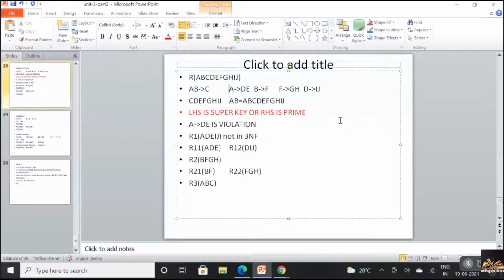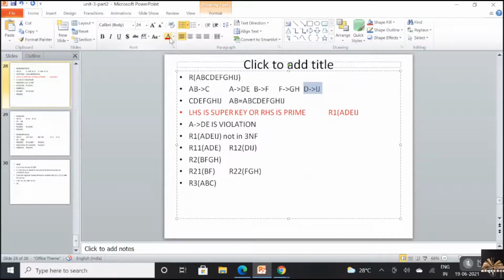Now I'm trying to form a relation R1. R1 will have the violation, ADE. Now, is ADE giving me anything? A is giving me DE. Now D is giving me IJ. So this particular FD and this particular FD have been covered.